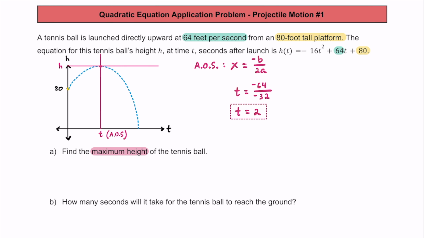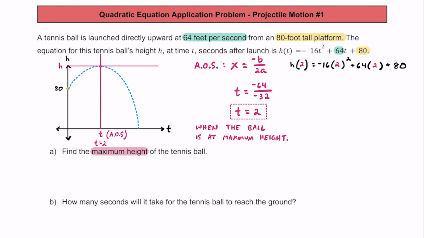What we just found out is that when t is equal to 2, or when 2 seconds go by, this is when the tennis ball is going to be at its maximum height. Let's take this function and replace t with 2. Plugging in 2 wherever we see t, we have 2 squared, which is 4. 4 times negative 16 is negative 64.